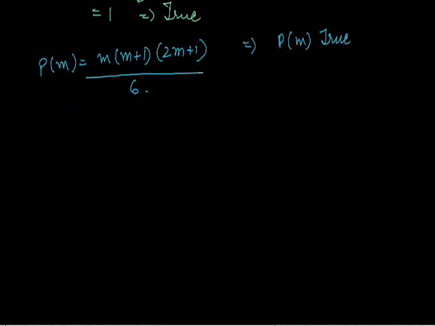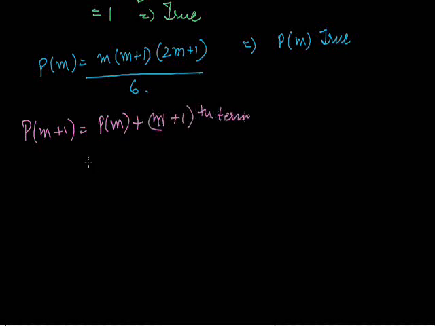When we add the m plus 1th term, P of m plus 1 is equal to Pm plus the m plus 1th term. Pm is m into m plus 1 into 2m plus 1 by 6, and the m plus 1th term is m plus 1 square.